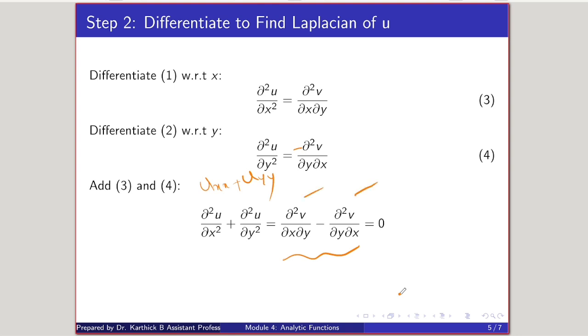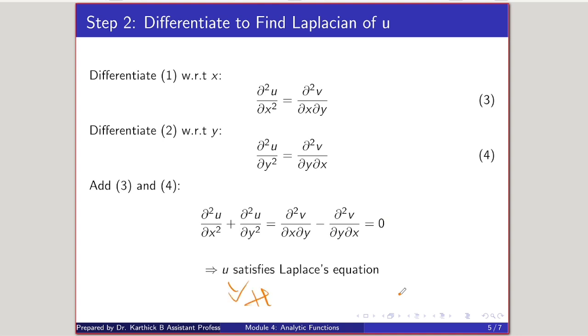See, both are the same. If I differentiate v with respect to x and y, or with respect to y and x, both are the same. So definitely it will be equal to 0. Therefore, this term becomes 0. So now we prove that u is satisfying the Laplace equation. Therefore, u is harmonic.